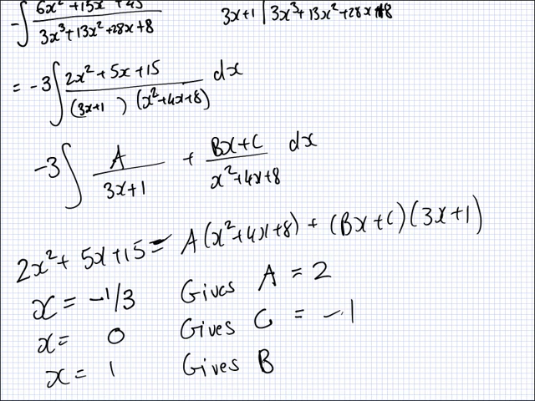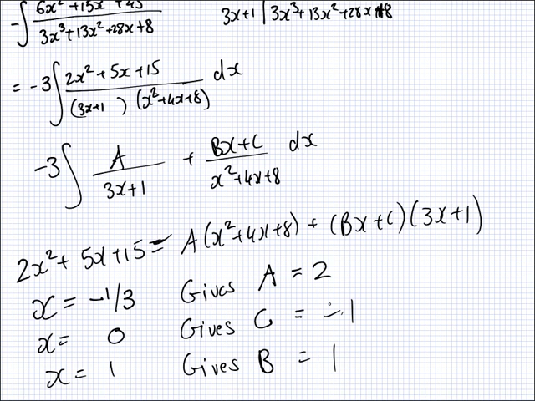Right, and let's try B as 1. So that's 22, yeah? 26 minus 4, divided by 4, is minus 1. And C is minus 1. So I think B is 1. Well, let me check.